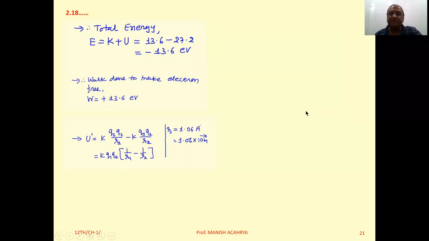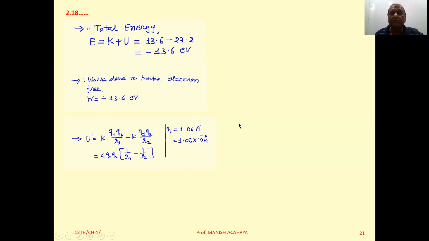Now see, in the first question, it was given to you that the reference position we have to take is at infinity. So at infinity, the potential energy is 0. So this second term was not taken in that first question. But now in the second question, it is given that we have to take the reference position as the separation 1.06 angstrom.